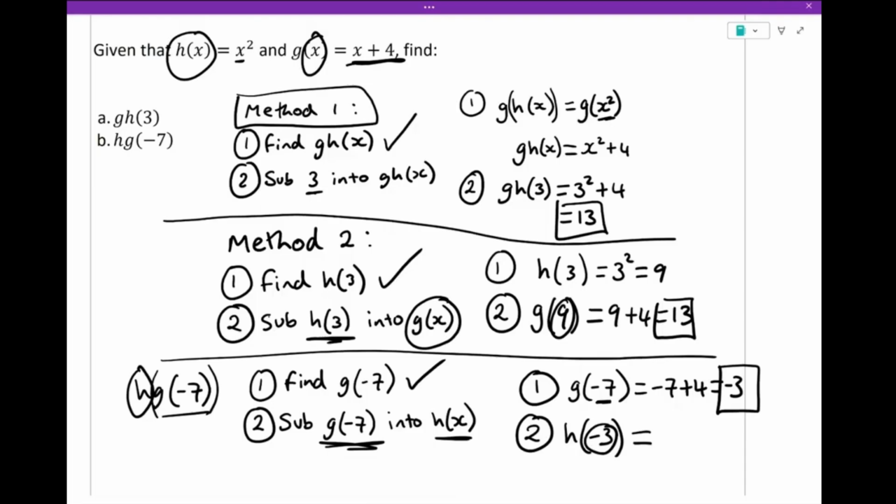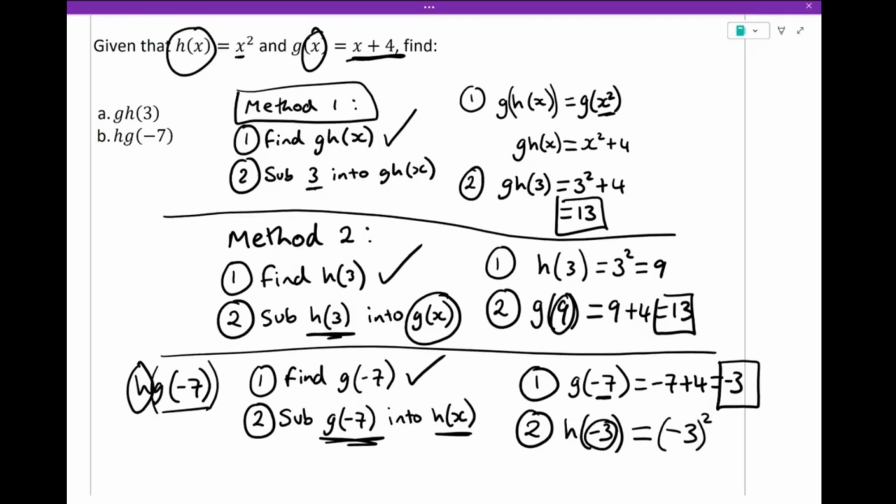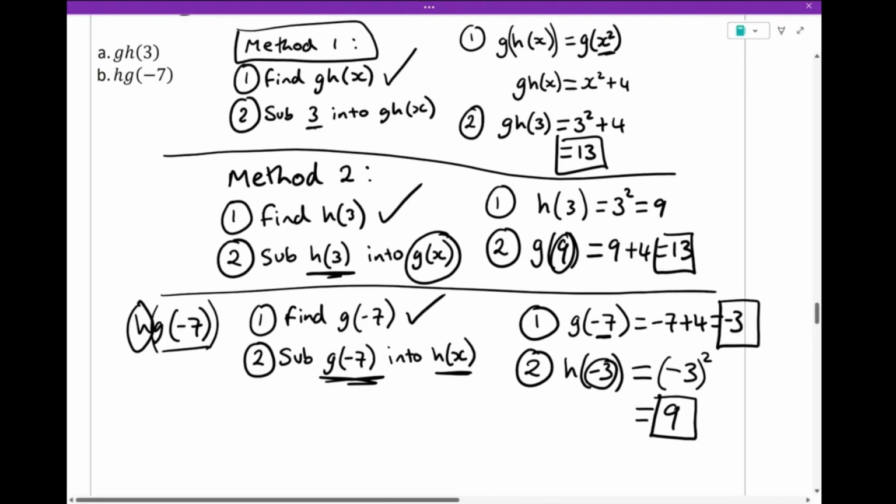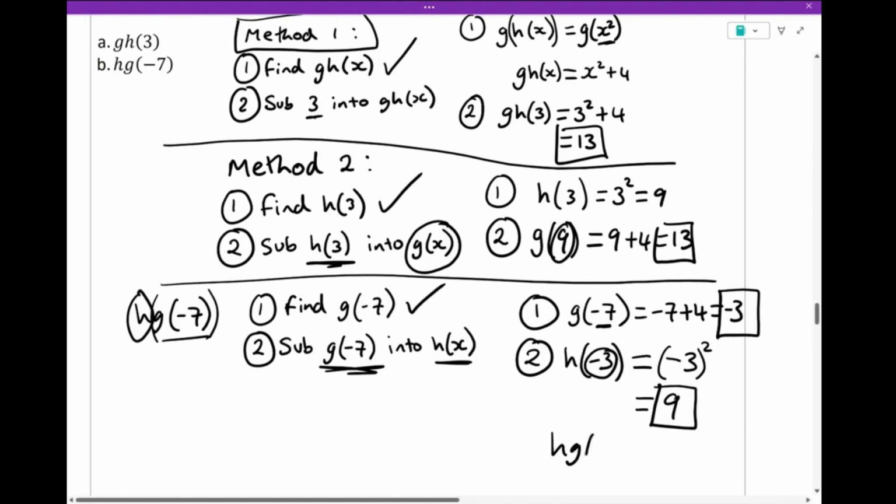Okay, so I'm going to write negative 3 and I need to square it. Now, because it's a negative value, I need to put it in brackets and write to the power of 2 like that. So then I would end up with negative 3 times negative 3, which is positive 9, which is my final answer to the question. So I have found that hg of negative 7 is equal to 9.